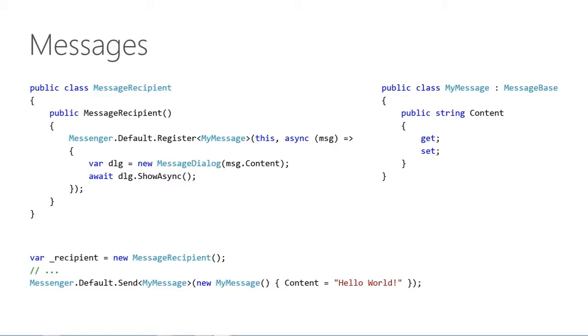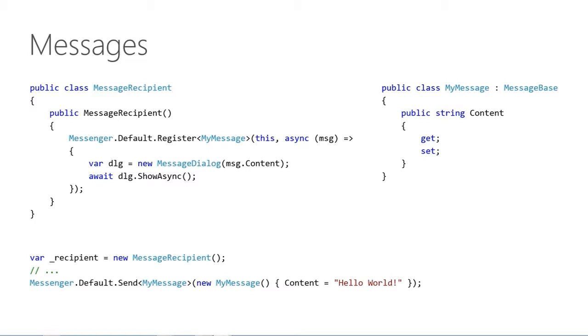Which message? Well, it's registering for my message, and that my message is defined in a different class over in the top right. And that class is a very simple one. It just has a string property called content with a getter and setter. Pretty straightforward stuff. But by registering that message, anytime that message gets sent, I would then execute this code in this registration API that I just did here.